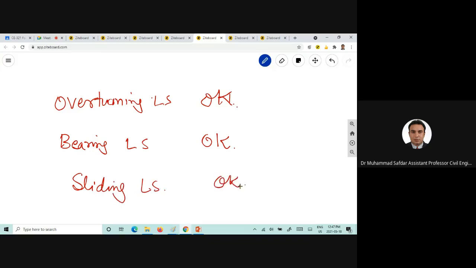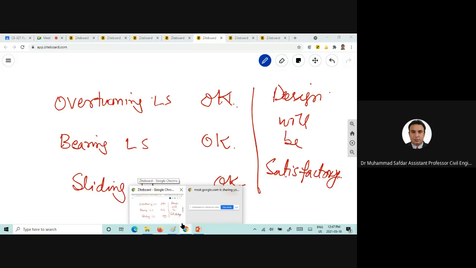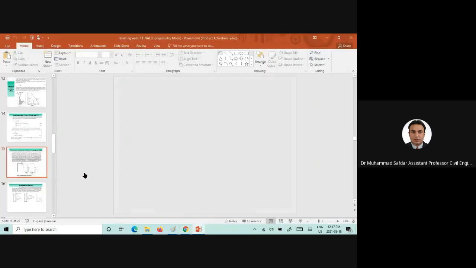It is also okay. Therefore, the design will be satisfactory. So that was all about the design of the gravity retaining walls.